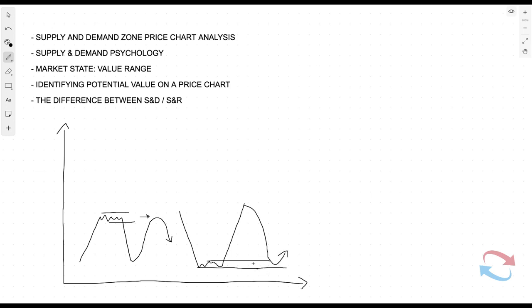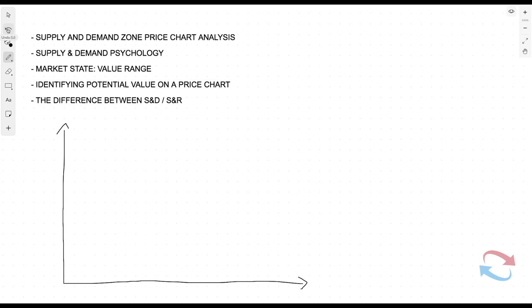Now, again, it's rarely discussed why this happens. I mean, there are a lot of theories around, but I'm going to give you my take and what I believe to be the real reason, and it will make sense to you as well when I explain it to you.